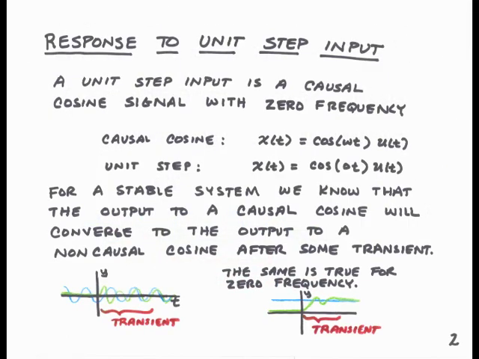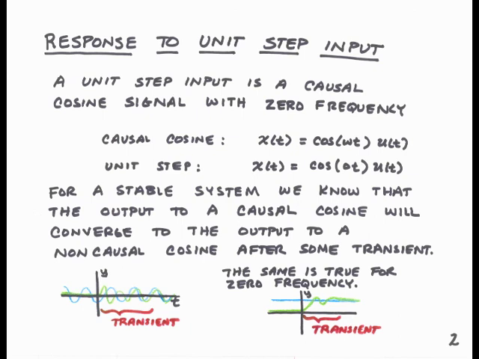What that means is that the output to a unit step will converge, if the system is stable, to the output to a non-causal constant signal. We just learned that the output to a non-causal constant signal was easy to find. We just needed to multiply the amplitude of the input, that is the constant, by the DC gain of the system.